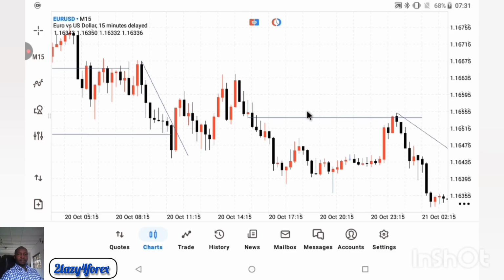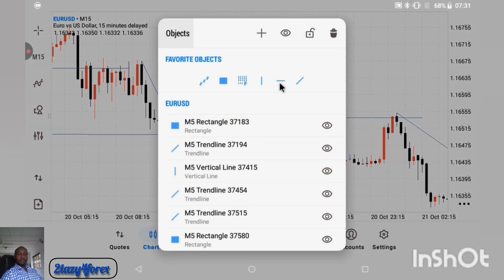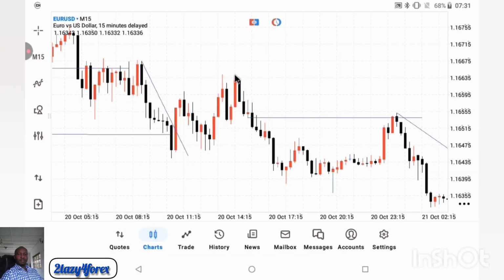So what you can do is look for a smaller time frame entry. So once you have that entry, your entry will determine where you put your stop loss. Because if you want to put your stop loss here now, your stop loss will be a bit big, maybe a pip or two above this.